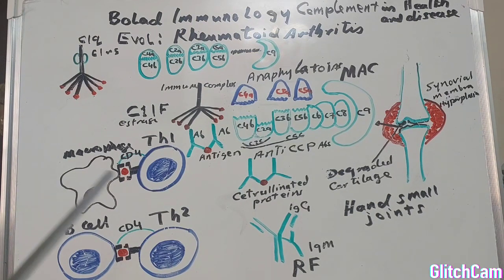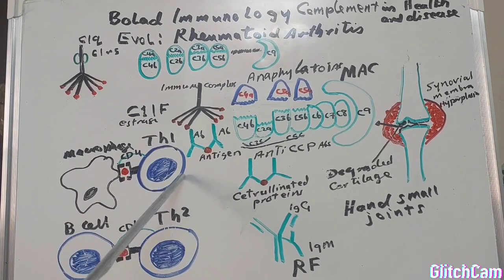And as I mentioned, T helper 1 produces another cytokine known as interleukin 2. Interleukin 2 activates B cell and T helper 2, so they enter now the game. And actually, the B cell in the joint, as you know, is an antigen presenting cell, and also it has a capacity to take citrullinated peptides.